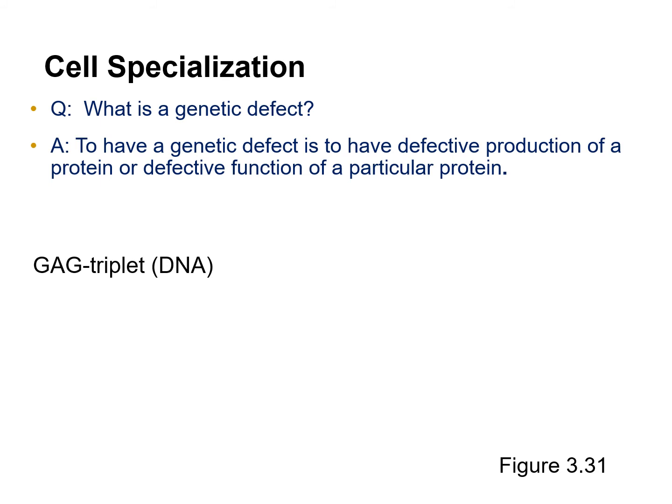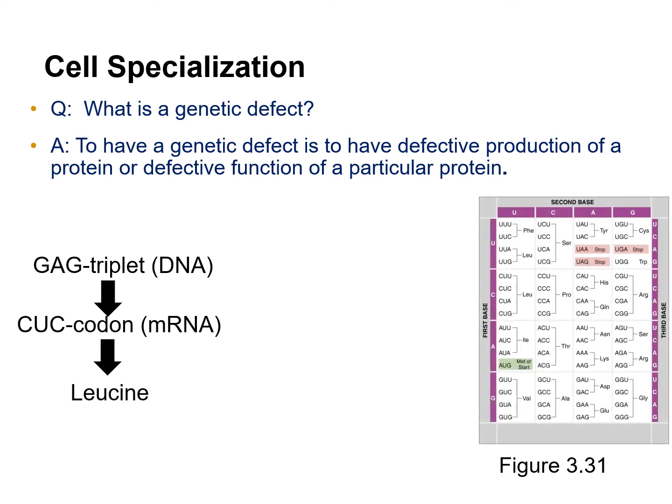So let's say we have the following DNA triplet here, GAG, that gives us a codon of CUC, and using our table, you can see that CUC, I can find over here, codes for the amino acid leucine. Well, let's say there is a mutation on the DNA, and that A in the triplet is changed to a G. So now we have a triplet of GGG.